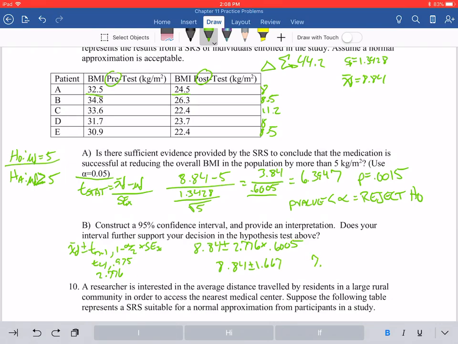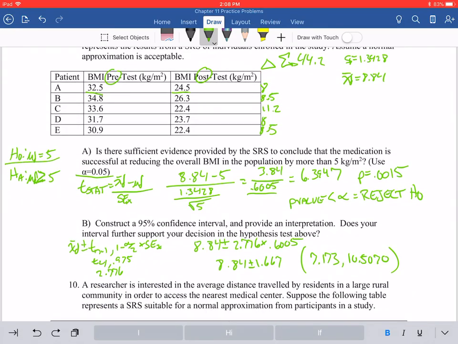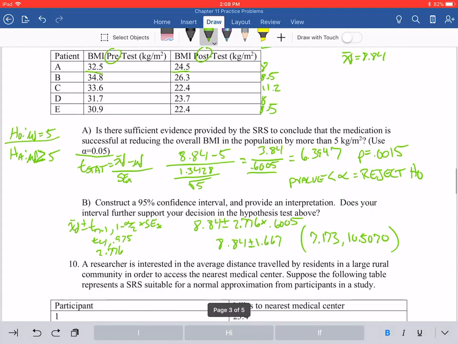It's going to give you a confidence interval of 7.173 to 10.5070. And that is our confidence interval for our pre and post test of this new weight loss medication. So the true value of the mean should fall somewhere in between here.